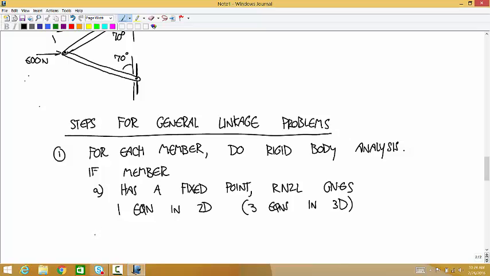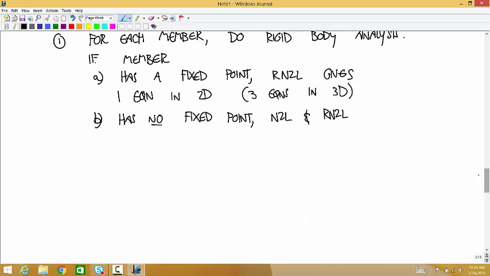And if it has no fixed point, then you're going to do Newton's second law and the rotational equation. And that gives you 3 equations in 2D, 6 equations in 3D.